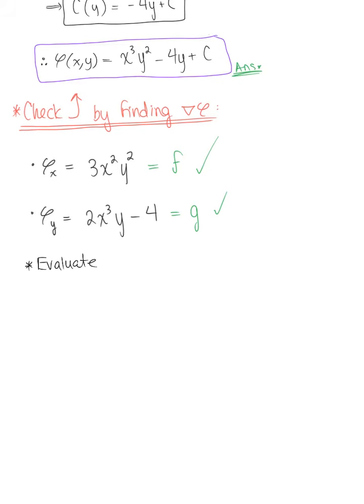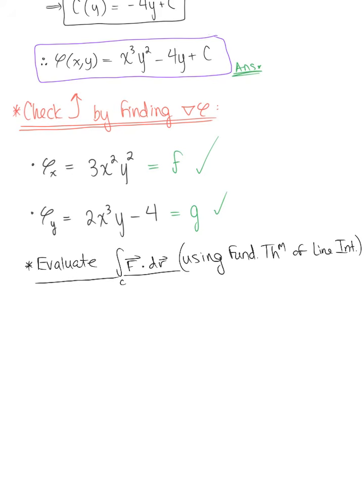Again, remember, we were asked at the beginning to evaluate the line integral of the vector field dot the differential d vector r. And we're using the fundamental theorem of line integrals. And let's keep in mind here, what were our initial points?